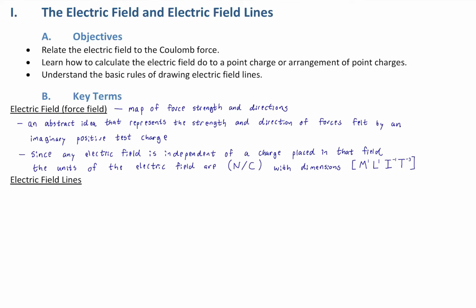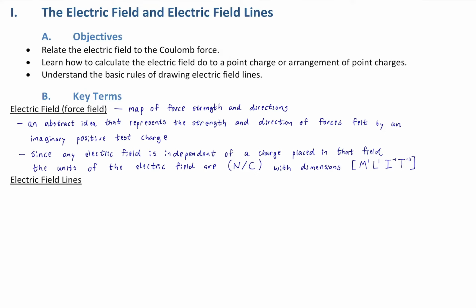And those arrows point in one particular direction, and they point in the direction that a positive charge would experience a force. Because, of course, the direction that a positive charge experiences a force is exactly opposite of the direction that a negative charge would experience force, because they experience equal but opposite direction forces.